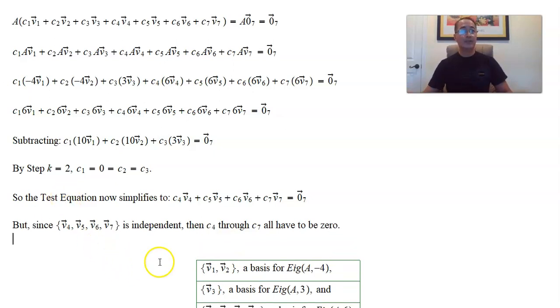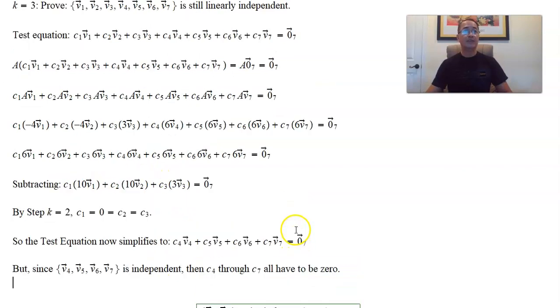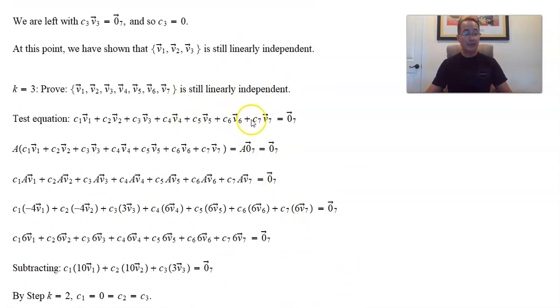Okay, so there you go. Mission accomplished. c1 through c3, and now c4 through c7, all have to be 0. We have shown that v1 through v7 is still linearly independent.